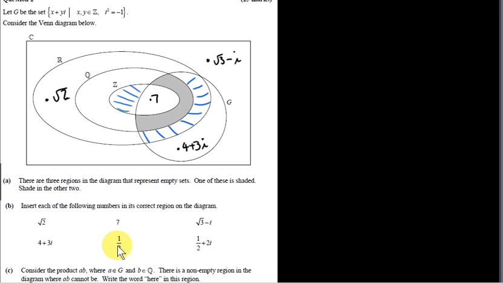Plus a half is a rational number. It's not an integer. A half plus 2i is a complex number, but you see that its real part is not an integer. It's not an element of Z, so it does not belong inside the set G. It belongs outside the set G. I could put it here.